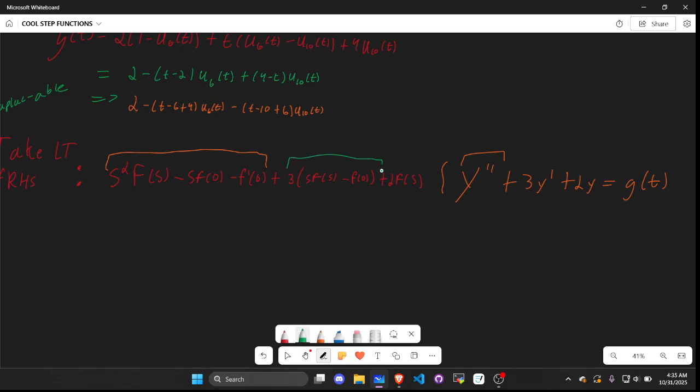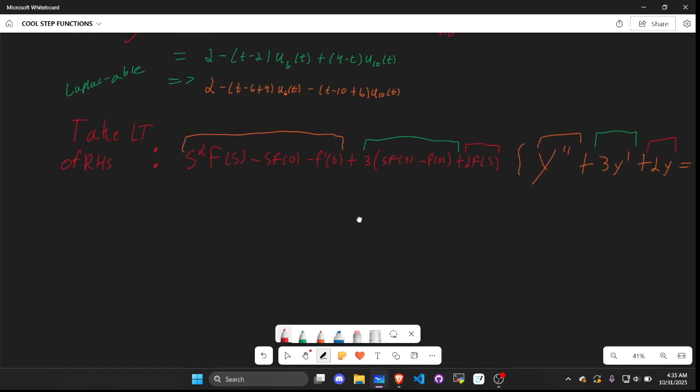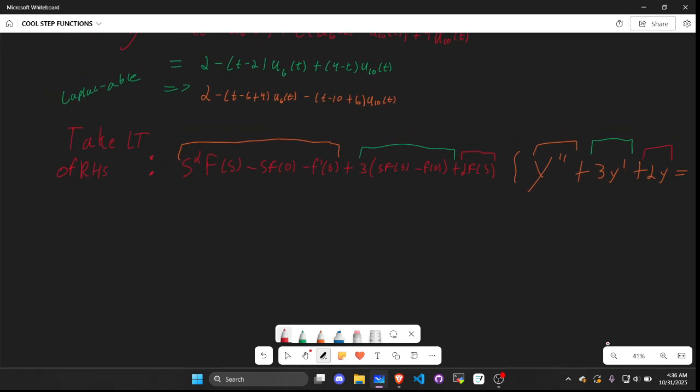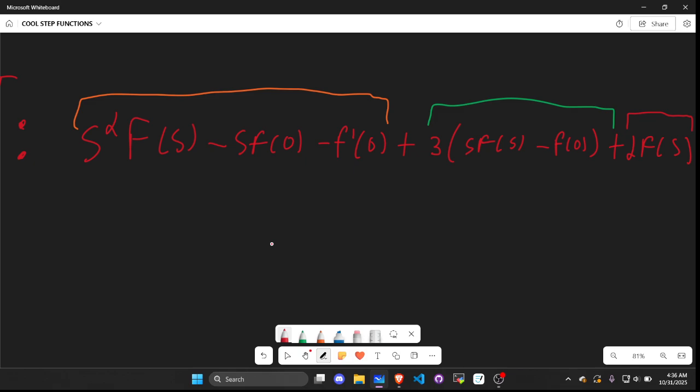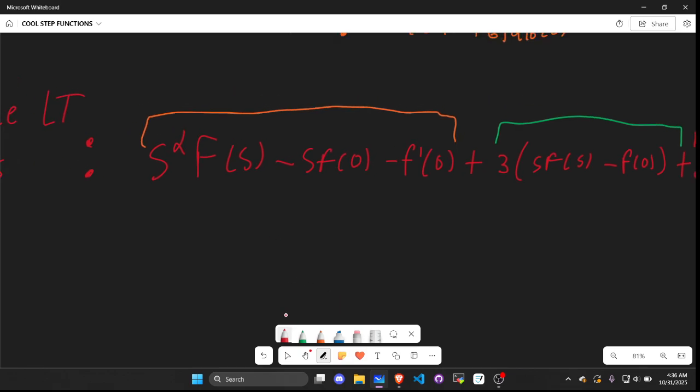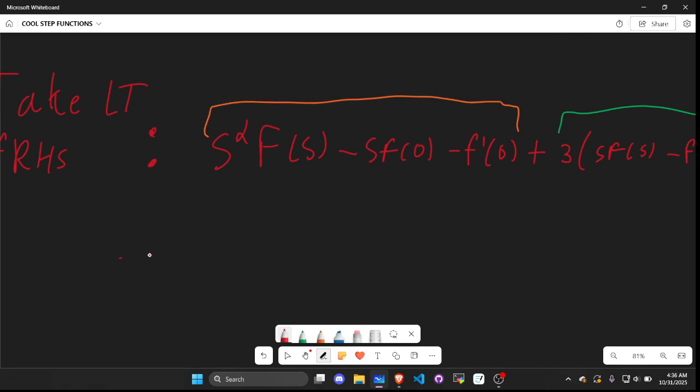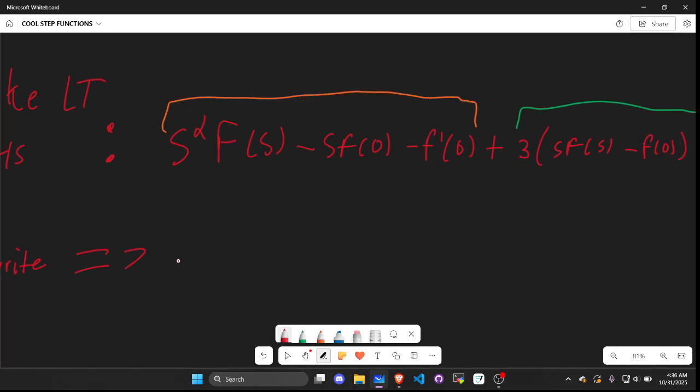This part here is 3y prime. And this part here is 2y. All right, so that was the easy part. Actually, we're not completely done yet. We're going to want to condense it a little bit. So we're going to rewrite it by condensing it.